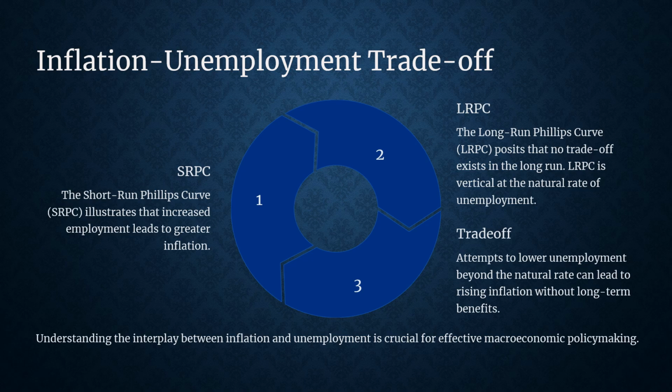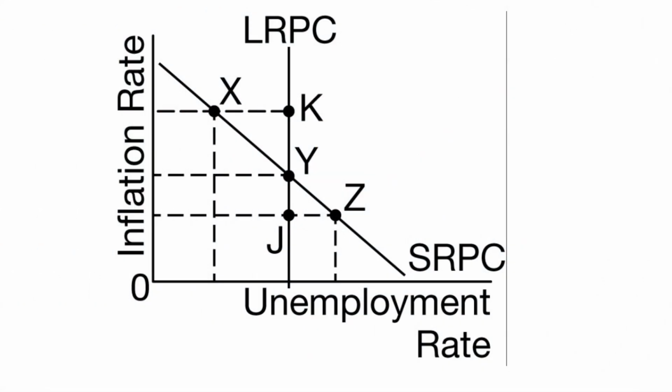And if we understand it, next we're going to see a diagram to understand the SRPC and LRPC better. In this diagram, on the x-axis we have the unemployment rate, and on the y-axis we have the inflation rate. Look carefully that LRPC and SRPC are both present in the graph.